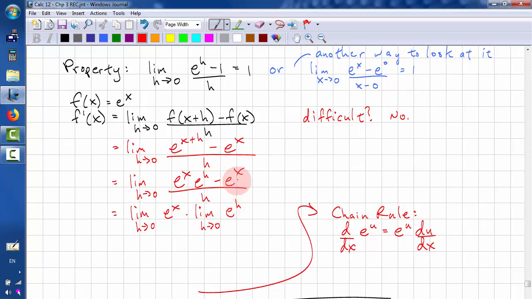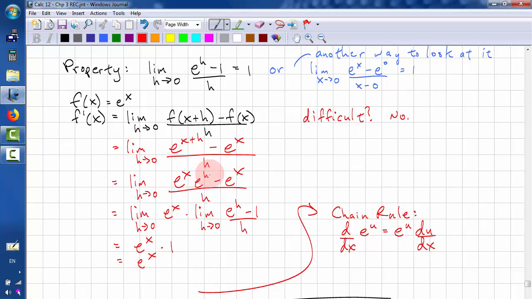When we're factoring out e to the x, we're dividing. That means we have a 1. This is just e to the x. And we said this property is 1. So we just have e to the x. Okay, so that wasn't too difficult.